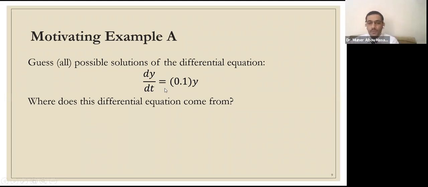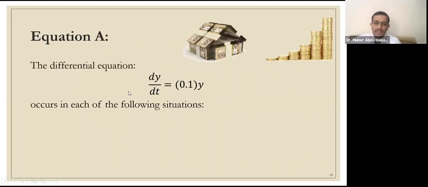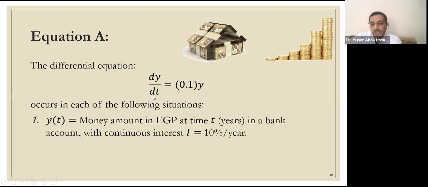Like the first one, if you have an account in a bank and you deposit some money, okay? The rate of change of your money in a specific time will depend on the interest rate.